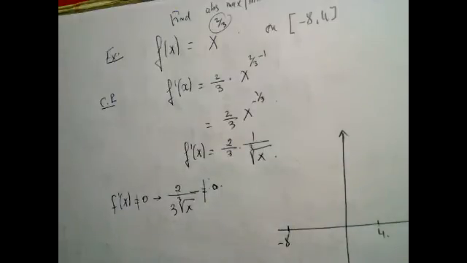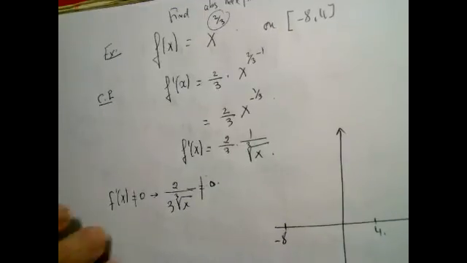But what are the critical points in this particular problem? Remember, critical points are the points where the derivative is 0 or the derivative doesn't exist. Is there a value of x where the derivative does not exist in this particular problem? Look carefully.